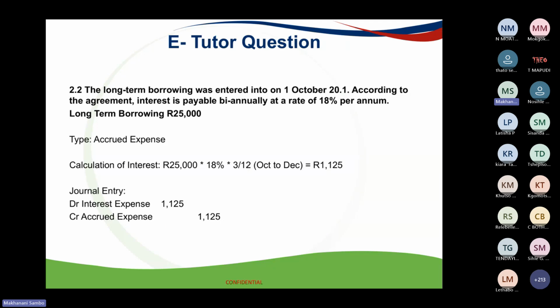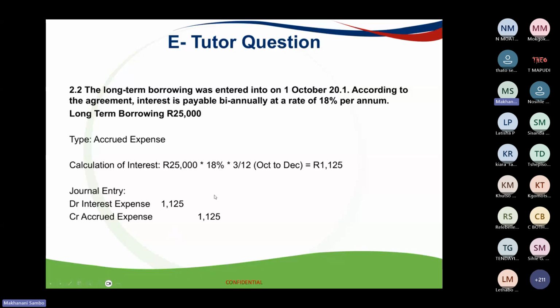Because there are only 3 months up until the year end, October to December, we need to apportion it for the 3 months, which will amount to 1,125. Now we need to create the journal: we debit the interest expense, because that interest expense would need to be paid, and credit accrued expense with the same amount.